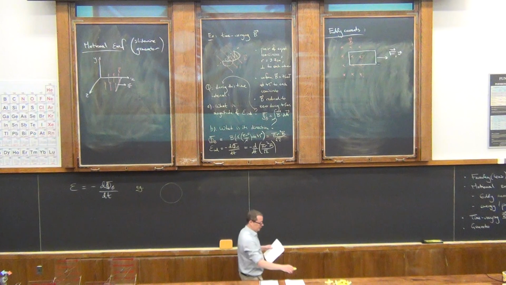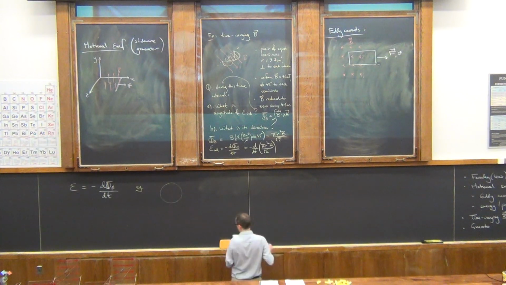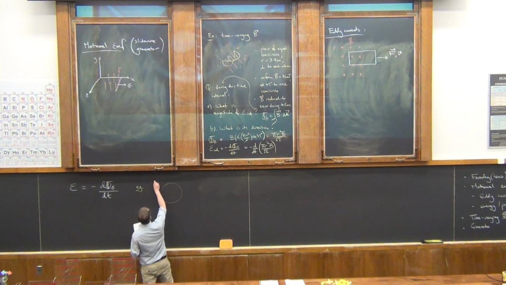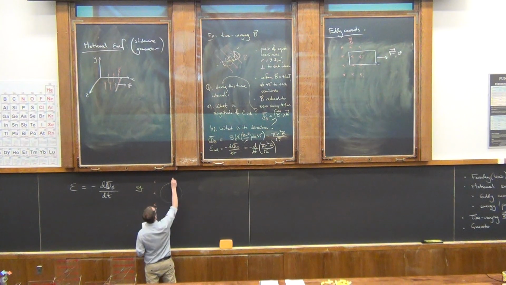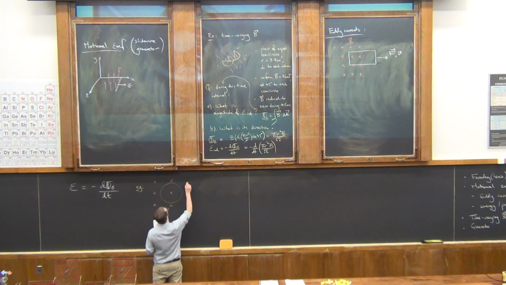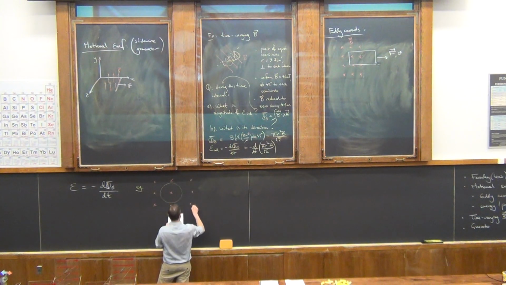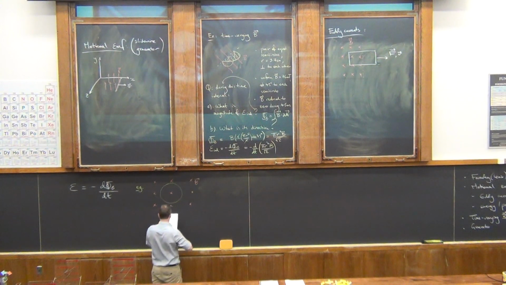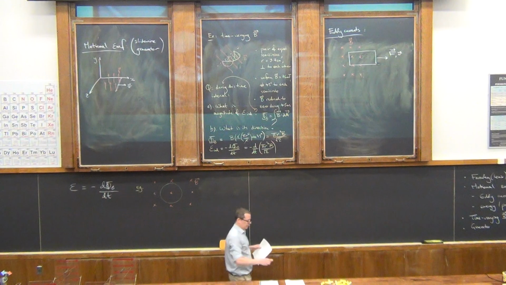We've got, let's say, a circular loop of conducting wire, and it's embedded in a magnetic field pointing into the plane of the board.